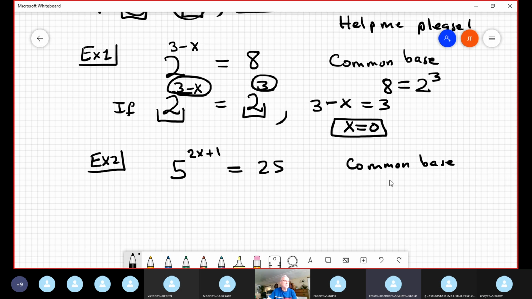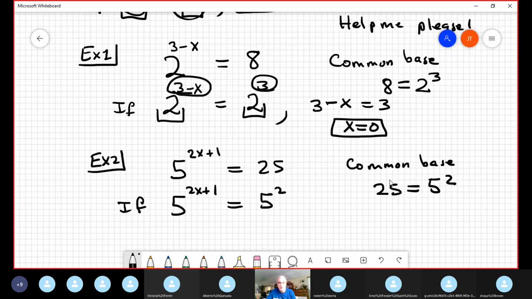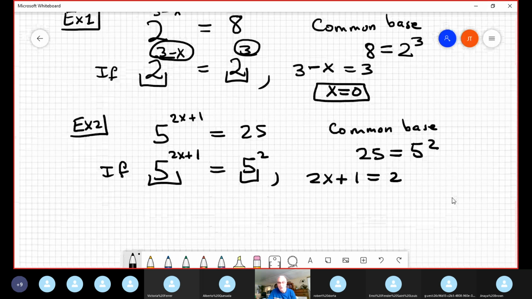Between 5 and 25, 5, very well, because 25 is 5 squared. So you're right, this stays the same, but this, I change to 5 squared. Now, if we have two exponential functions and the base is the same, the exponent is the same. So you write, magically, this is mathematical magic, you ignore the base, you take only the exponents and set them equal to each other.